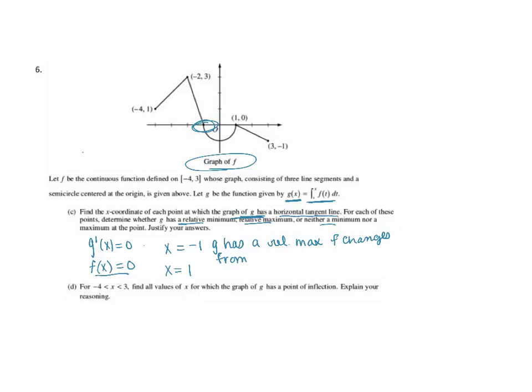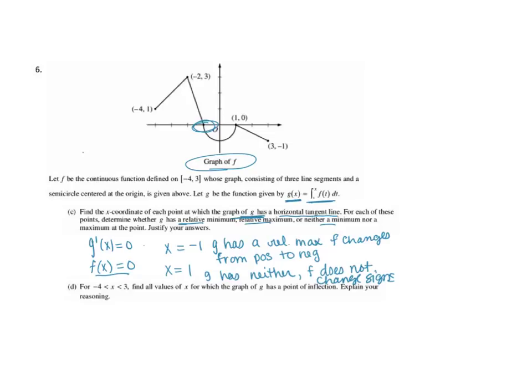I said that backwards. All right, so then at x equals 1, we have neither. G has neither. And that is because f does not change signs. All right, so there's that, and be careful again how that's relating.